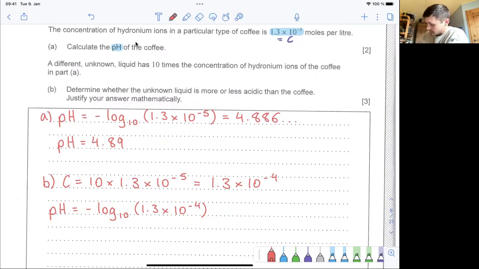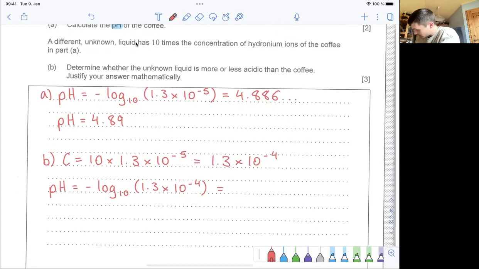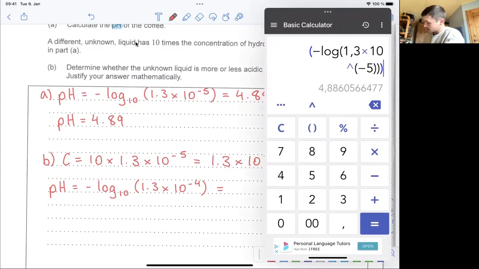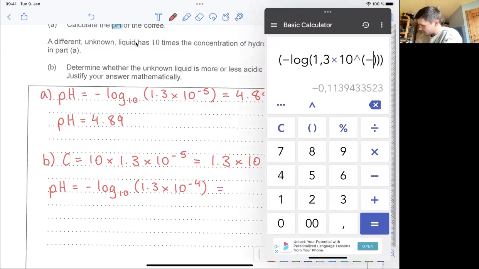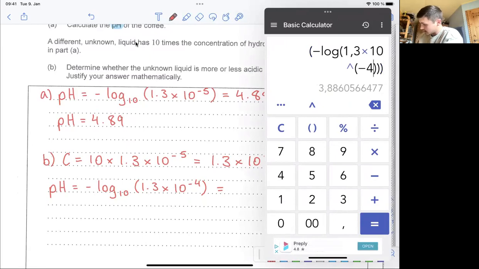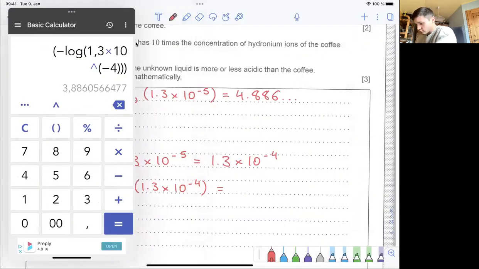Alternatively, you would have been absolutely fine just using this expression here. I just wanted to show you what would happen. Okay, and so let's calculate this. Quite nice, we've still got that in our calculator, so we'll just change our 5 to a 4, and that gives us 3.886.